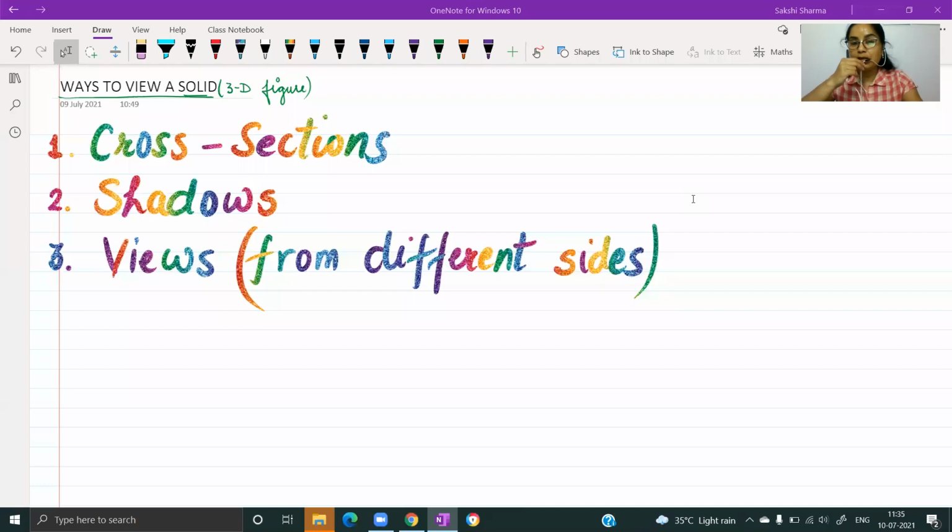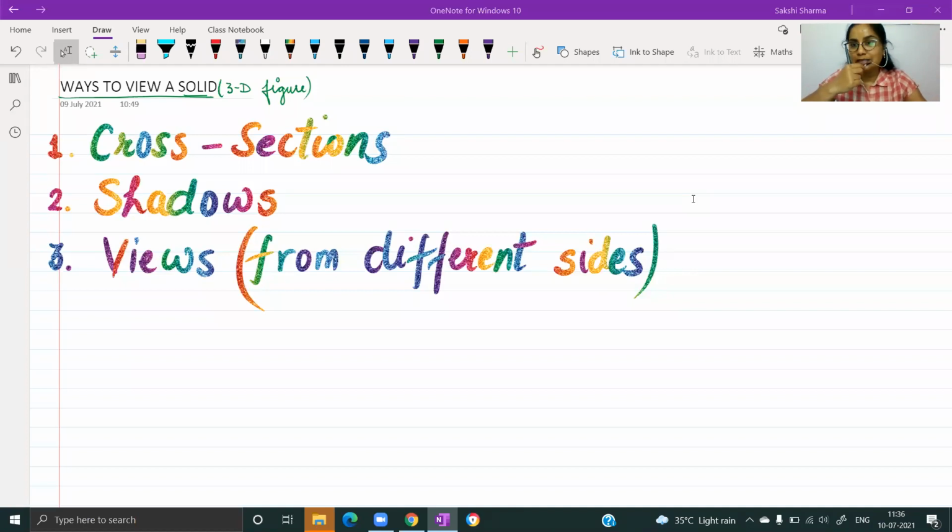For example, if you look at your house standing in front, which shape do you see? If you go towards the side, you look at the shape formed. And if you look at it from the top, which is not possible for you, obviously, if you're standing at a height and you look at some other building, how does its roof look from above? That's what we will be doing in this chapter.